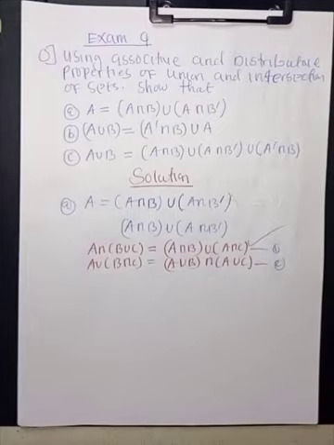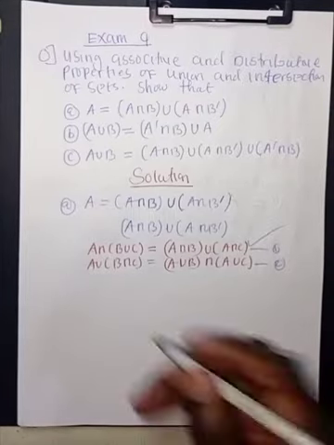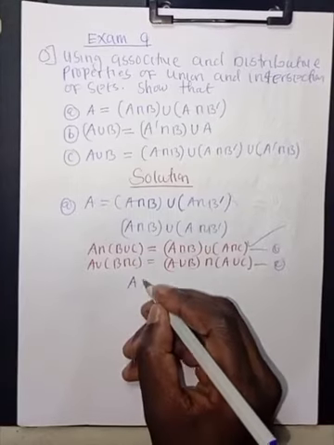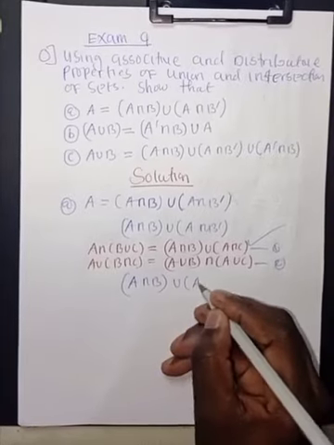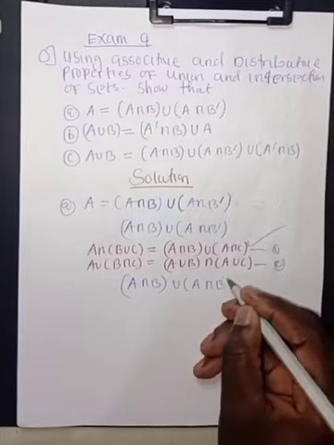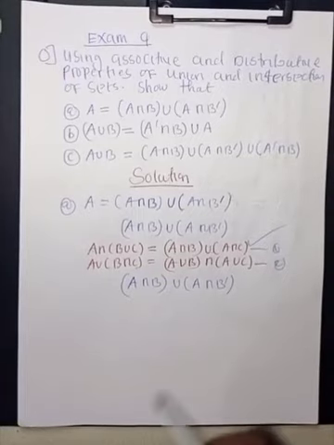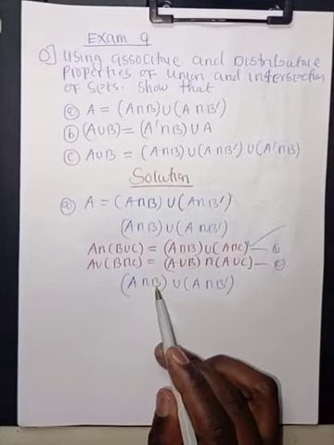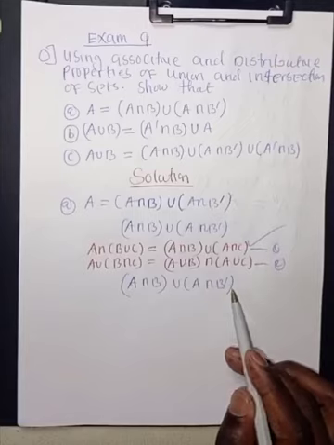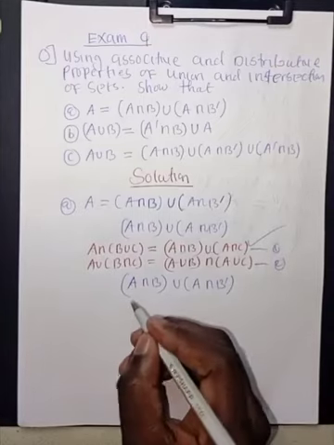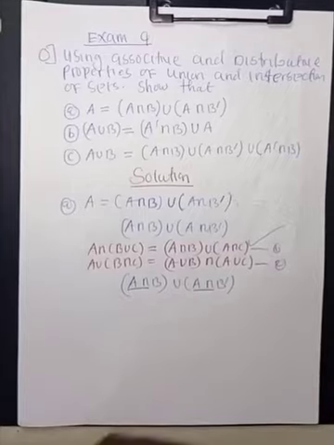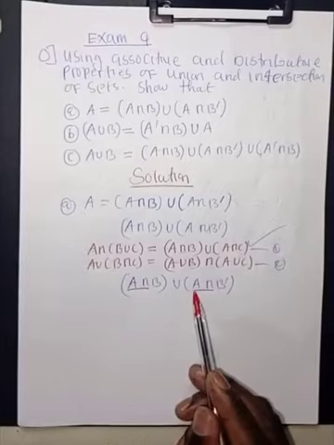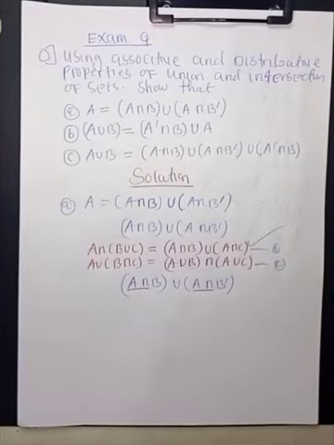Okay, so now let's come back to our question. Our question is basically A intersection B, then union A intersection B complement. So I have to check what is common between A intersection B and A intersection B complement. Basically, the common thing is A intersection and A intersection. So we can try to factorize the A intersection.